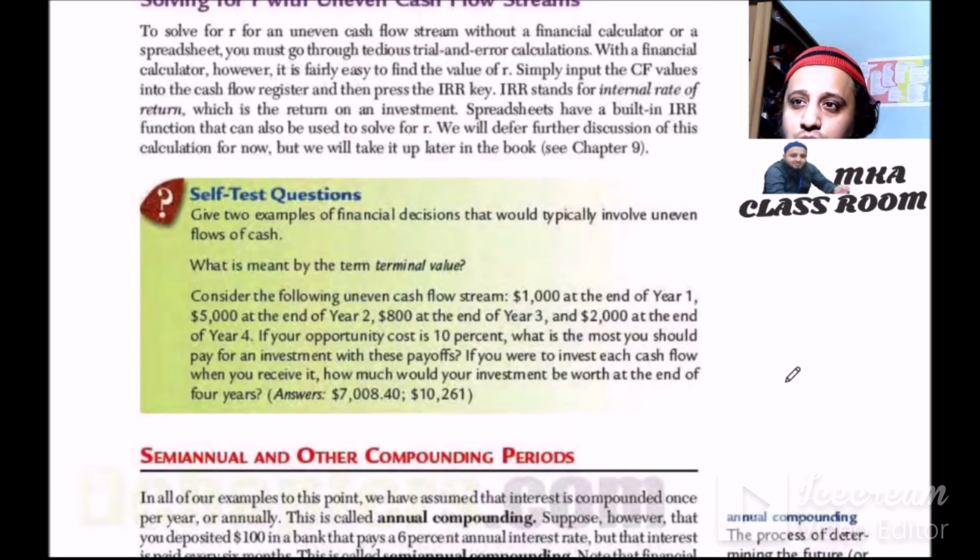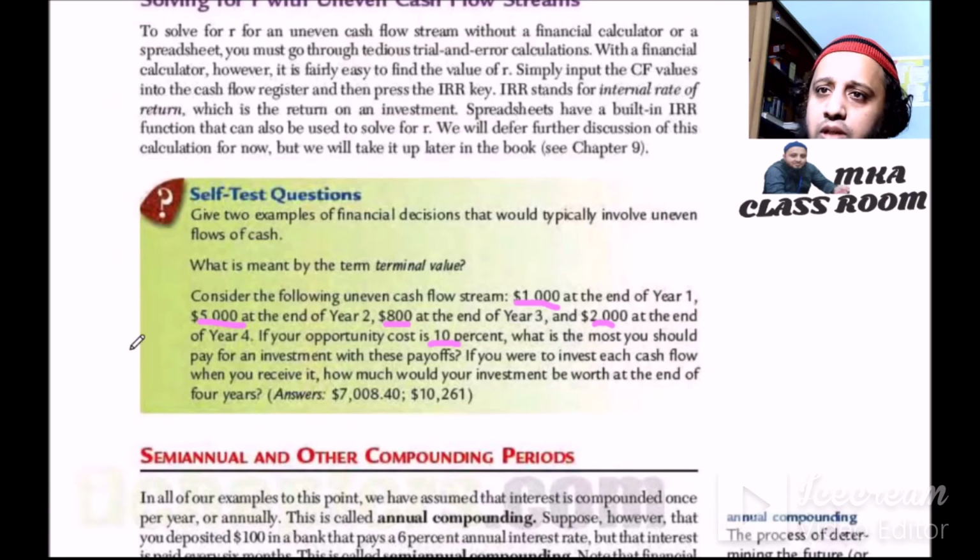So here there is an investment opportunity. If you purchase this, it will provide you 1,000, 5,000, 8,000 and 2,000 at the end of year 4. Opportunity cost 10%. So how much amount should you pay?